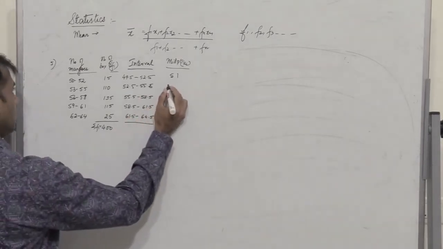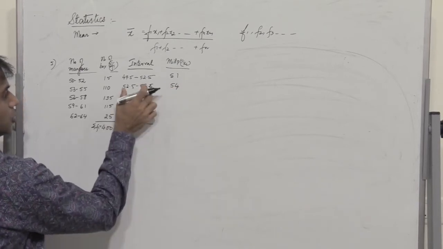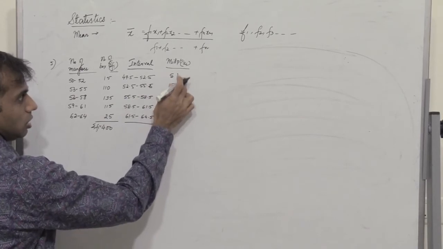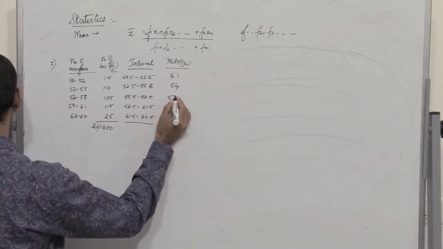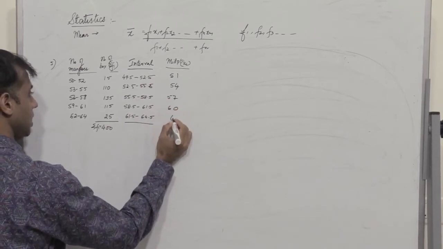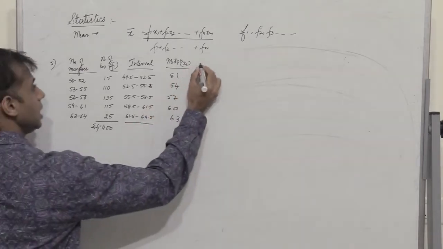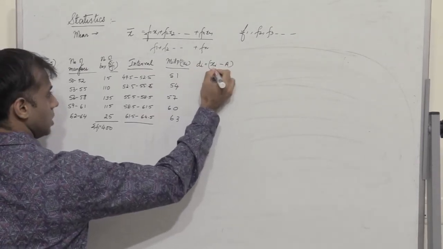So here again we get 54. Since the interval range is 3, you can go on adding 3 to the previous midpoint to get the next value of midpoint. So this is 57, 60 and 63. So now let's find the deviation. So the deviation di is xi minus a. So what is a?